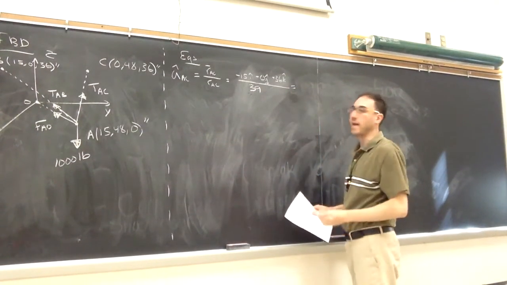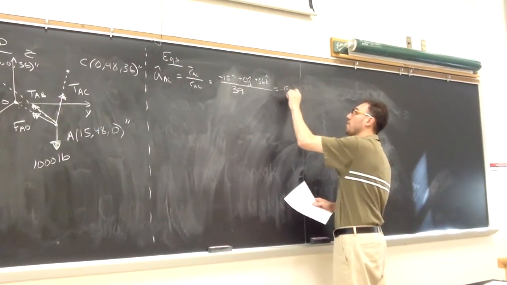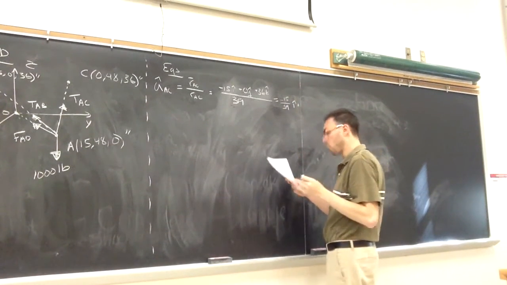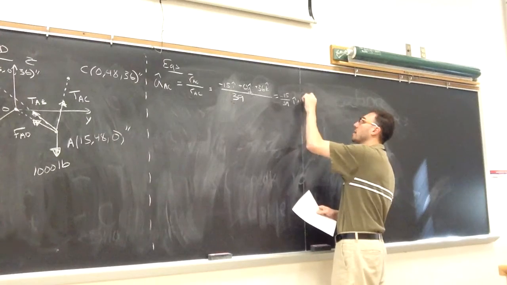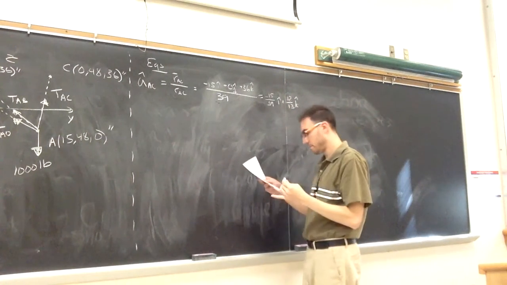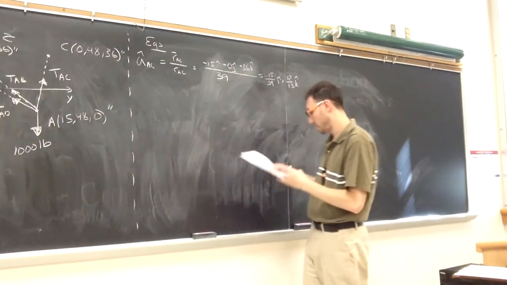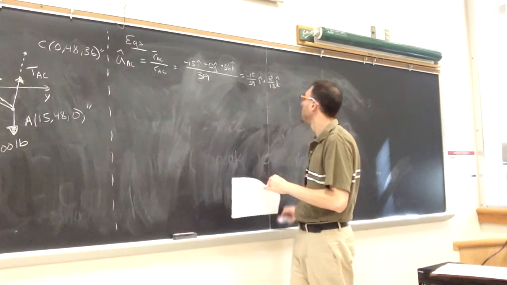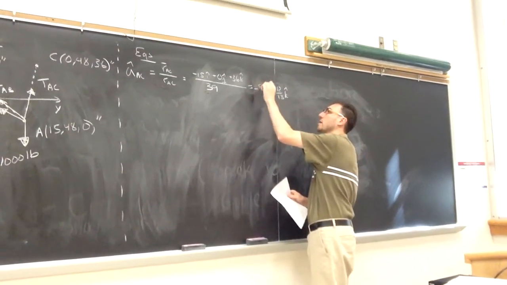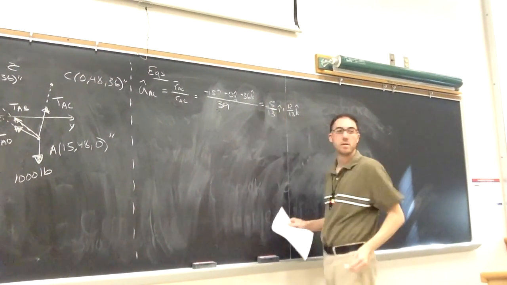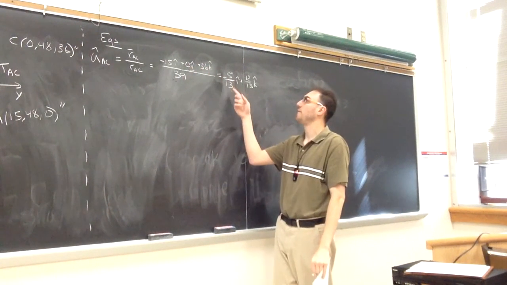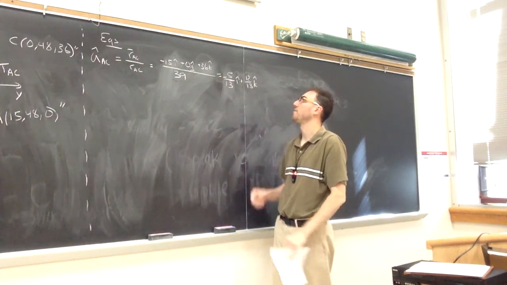So unit vector AC will be negative 15 over 39 i plus 12 over 13 k, if I reduce it. Sorry, this is negative 5 over 13. Did the wrong one here. And then the j is 0, so I won't write that here. Negative 5/13 i plus 12/13 k.